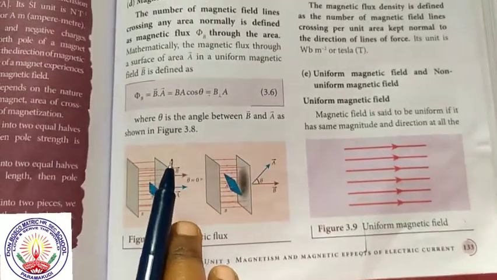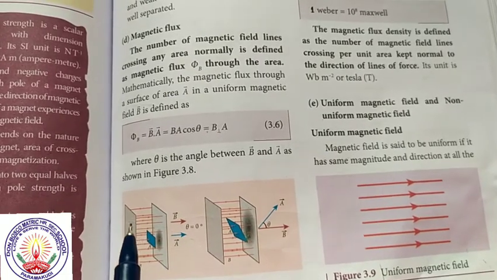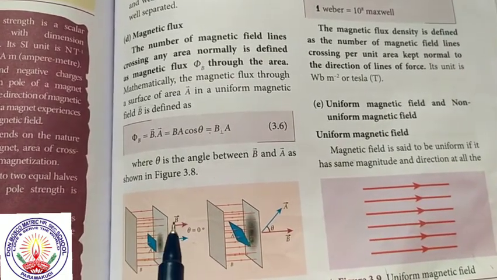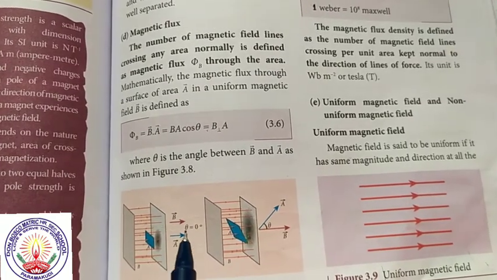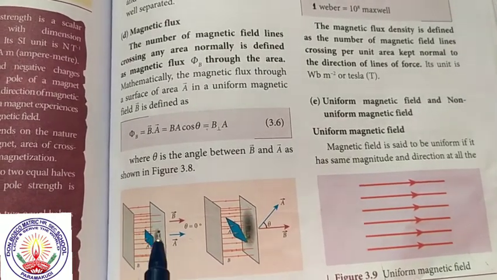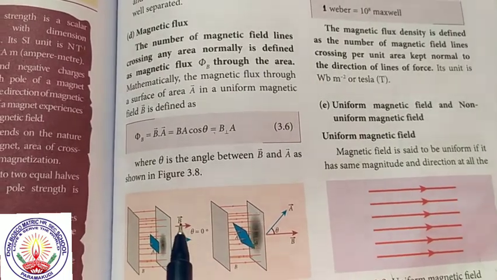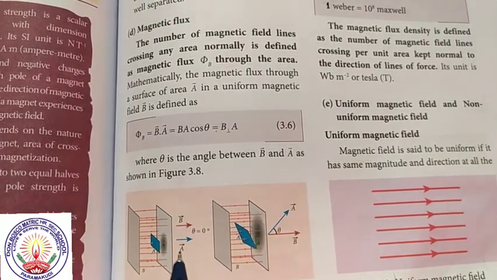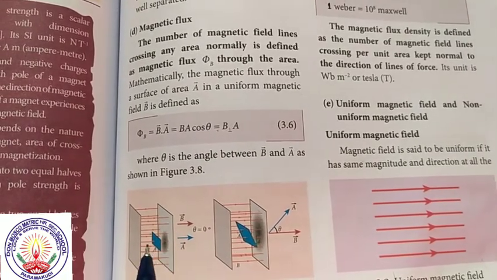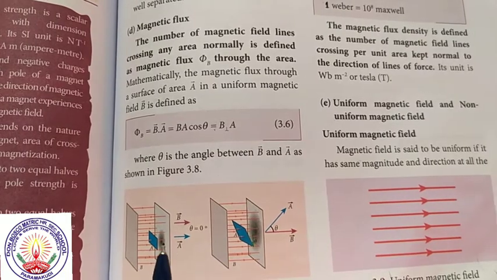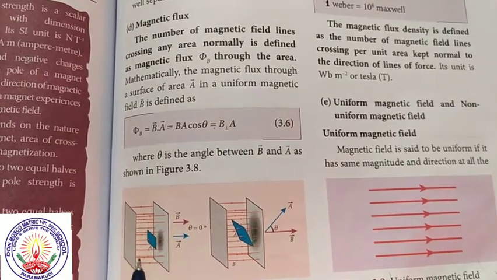First let us consider a rectangular surface. We apply a uniform magnetic field. This is the area, denoted by the letter A. The uniform magnetic field is B vector and the area is A. The number of magnetic field lines crossing the area is the magnetic flux.